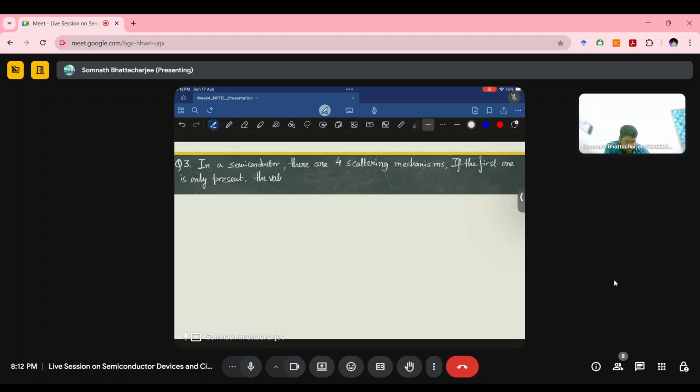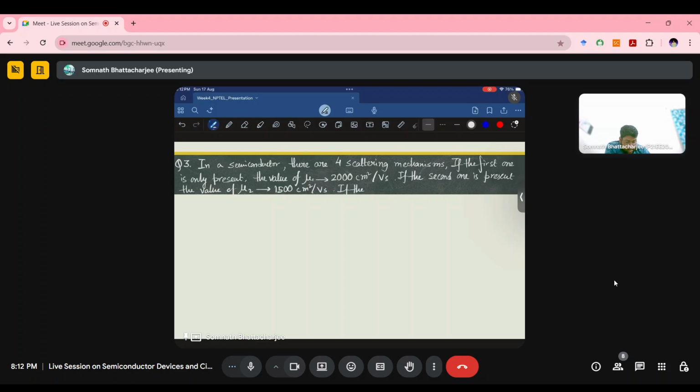the value of mu1 is 2000 centimeter square per volt second. If the second one is present, the value of mu2 is 1500 centimeter square per volt second.